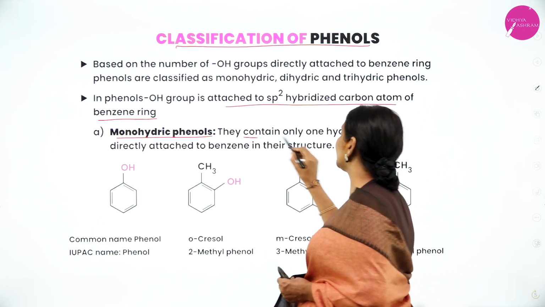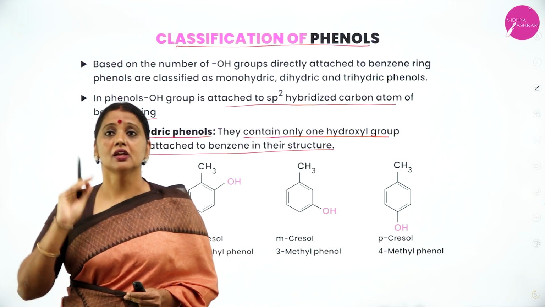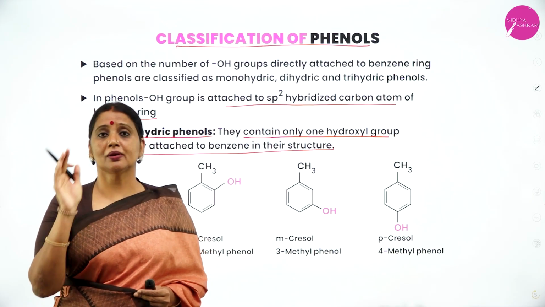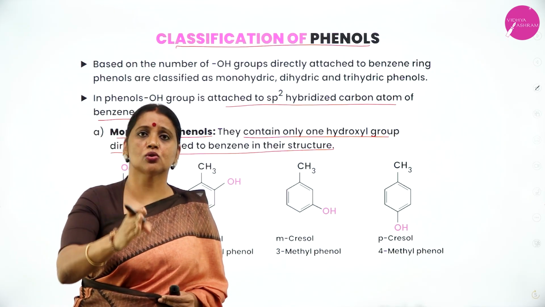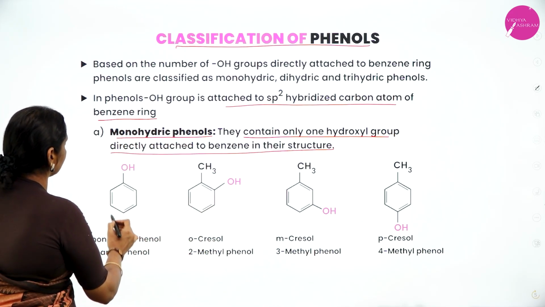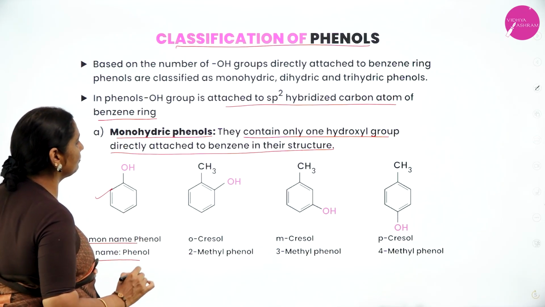First one, let us consider monohydric phenols. Monohydric phenols means they contain only one OH group which is directly attached to the benzene ring. If it contains only one OH group, such phenols are called monohydric phenols. Example for monohydric phenol is phenol. Common name is also phenol, IUPAC name also phenol.